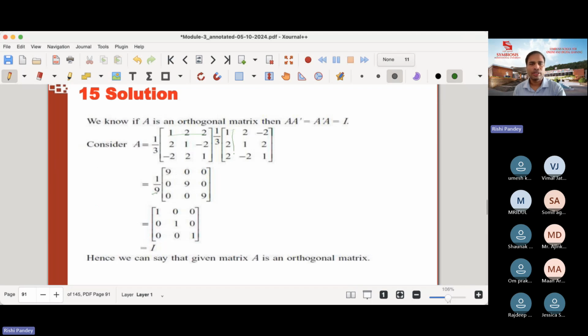And if you multiply the first number, please check whether it is 9 or not. Everyone. First row, first column. That is underlined here. Means you can multiply this row with this column, each corresponding element. Like 1 into 1 plus 2 into 2 plus 2 into 2. Is it 9? Everyone?